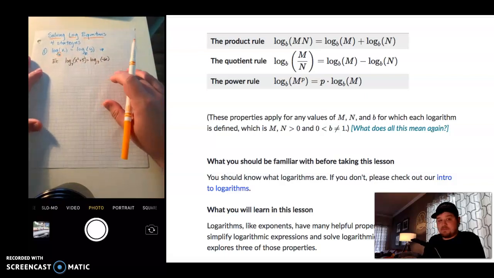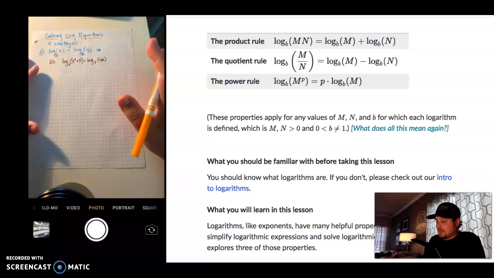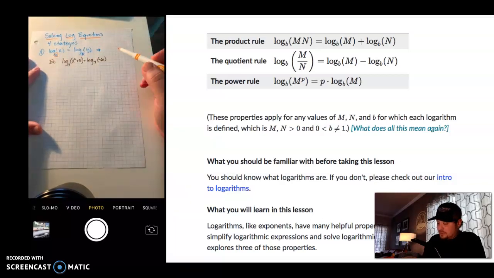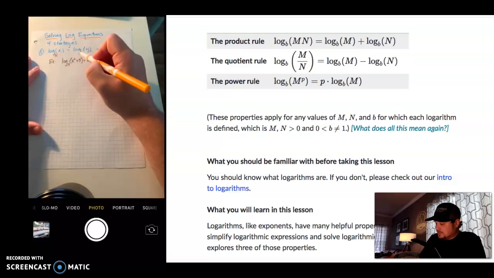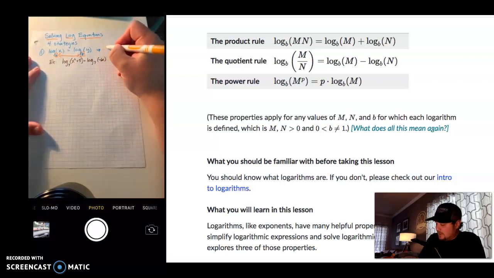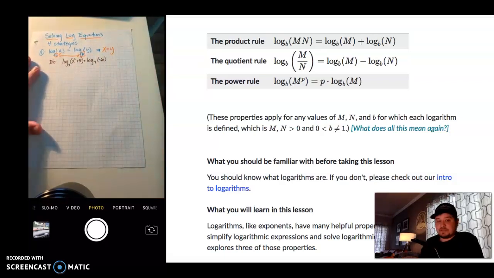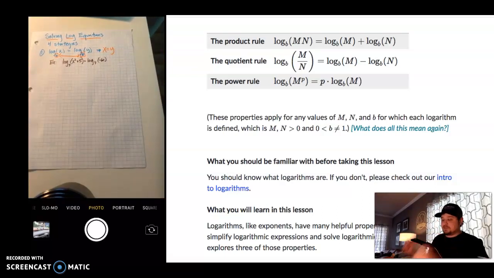Now what we're going to take advantage of here is that basically what you can do is log both sides, and what will happen is you actually get rid of the logs. And because these bases are the same, if your bases match, then we can say that x is equal to y. So that's going to be something that we're going to take advantage of quite a bit on the examples that we have this week.